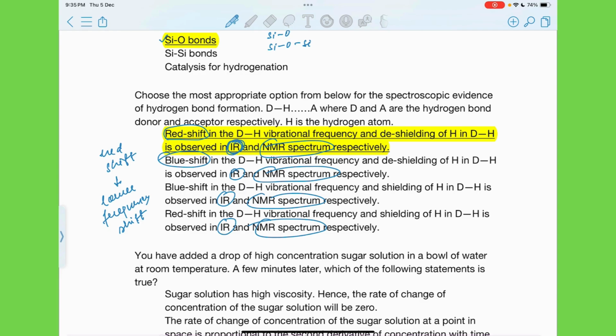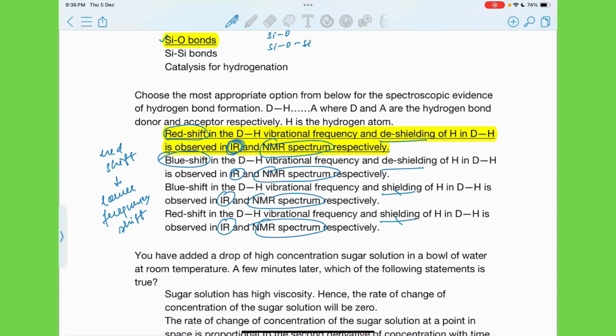Now when we talk about the NMR spectrum, in NMR spectroscopy, the hydrogen involved in the hydrogen bond becomes de-shielded. So it's not shielded, it's de-shielded, and this means that it experiences a higher chemical shift, moving downfield in the NMR spectrum, because the electron density around the hydrogen atom is reduced due to the interaction with the acceptor atom.